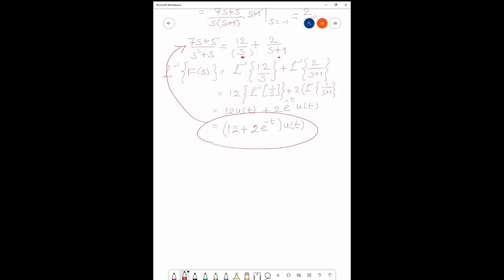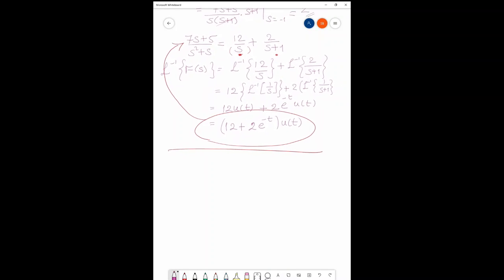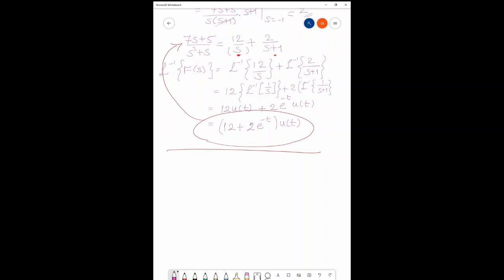So what if we have repeated poles, which would give us multiple, similar poles? For example, if you have f of s equal to some numerator over s minus p raised to 3.